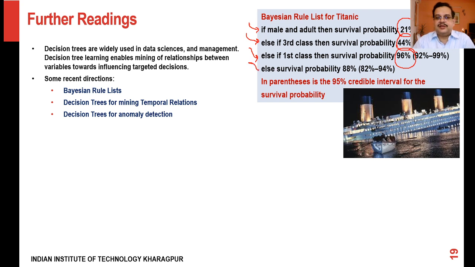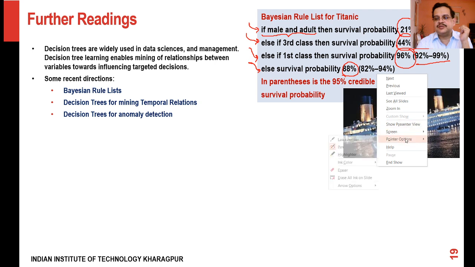And the survival probability otherwise is 88%. Okay, so if you are male and adult, then the chances that you would survive is the least actually. And in the parentheses, whatever you see here, they are the 95% credible interval for the survival probability. So with 95% certainty you can say that, well, they are distributed in that region.